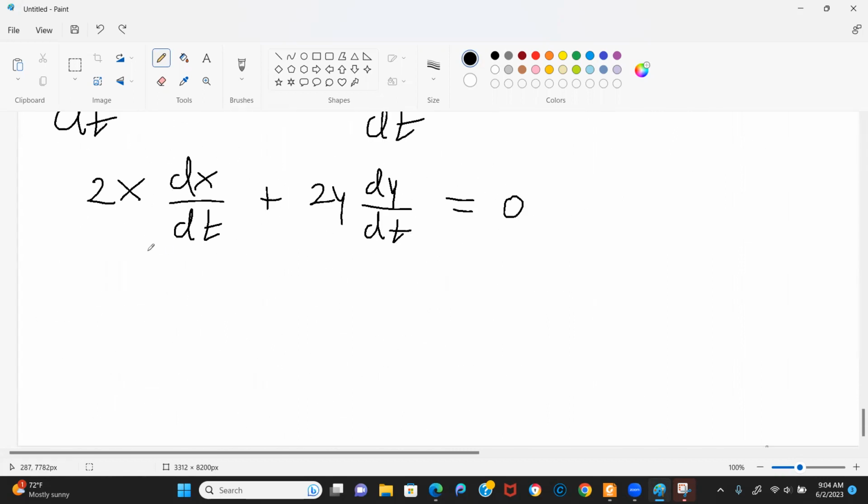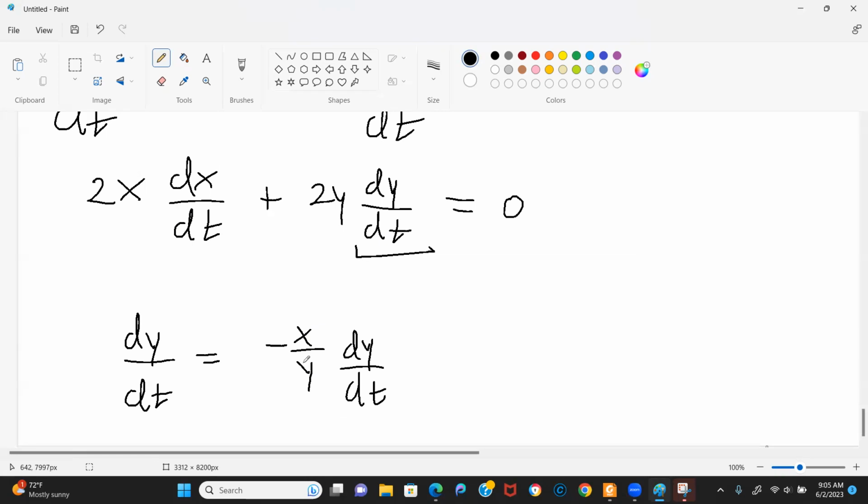And then what we're trying to find is this right here. So let's solve for it and see if we can actually figure it out. When you do this simplification, you're going to get negative x over y dy dt.